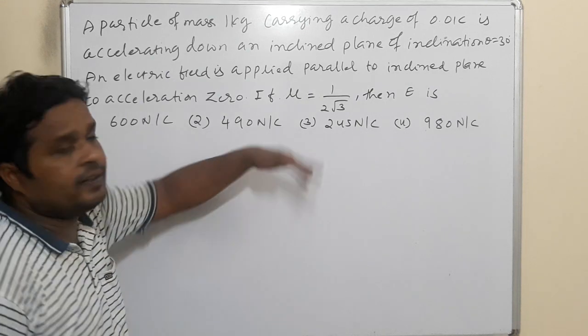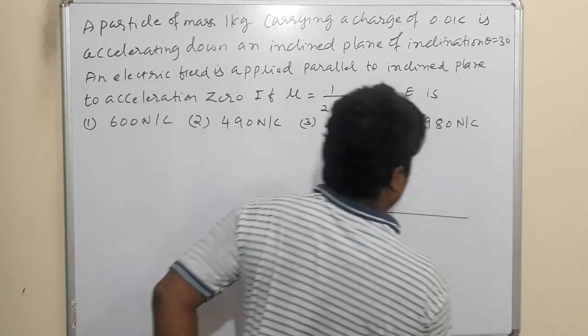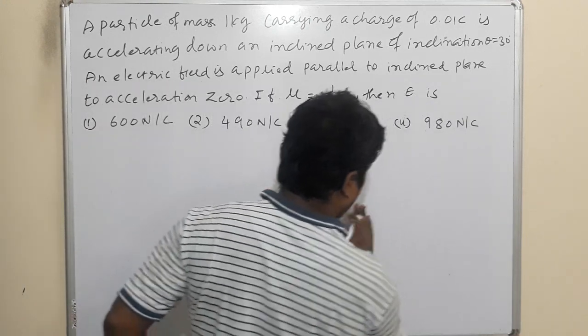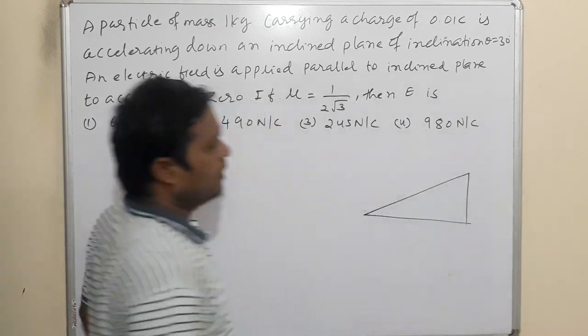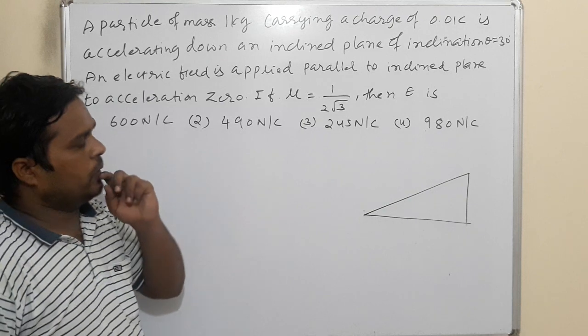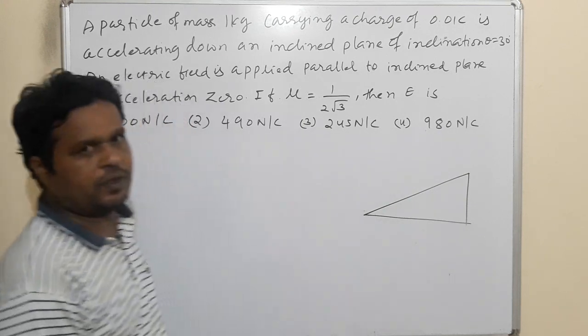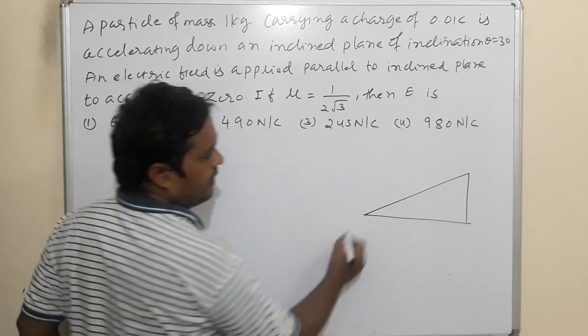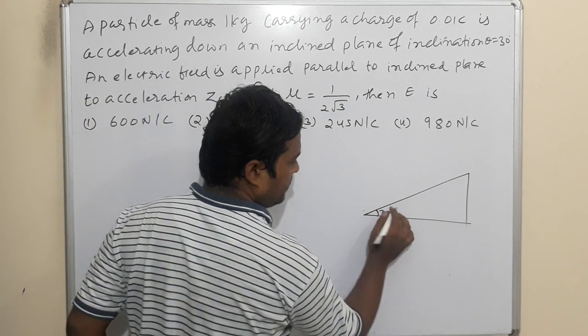How is it accelerating? It is accelerating down in the inclined plane. It is accelerating down means, how do you write all the forces involved in the problem? This requires some knowledge of what we have studied in Newton's laws or the work, energy, power chapter of the first year. Let us see, they have given that this inclination is 30 degree.